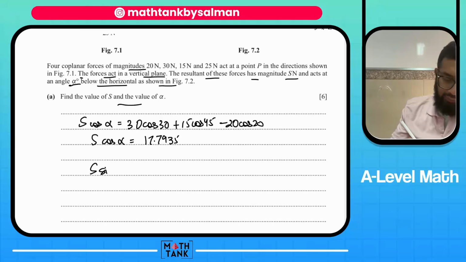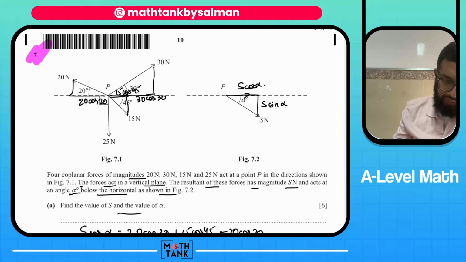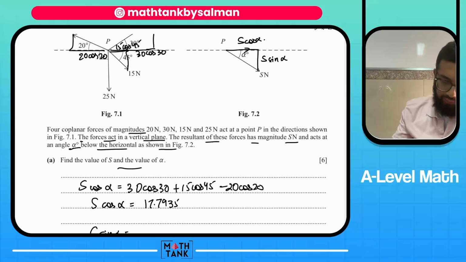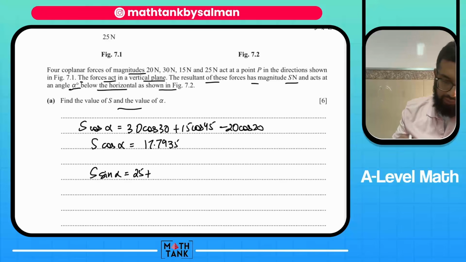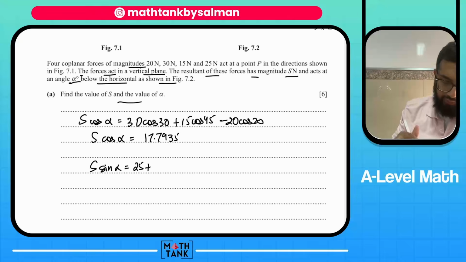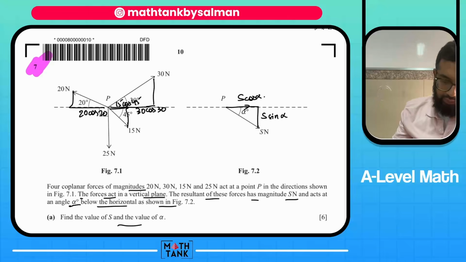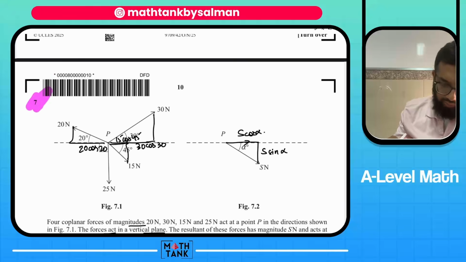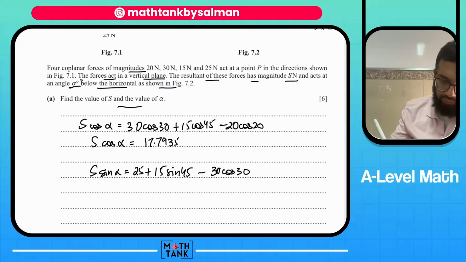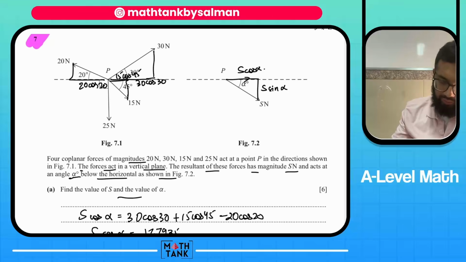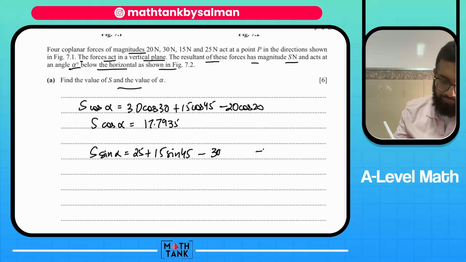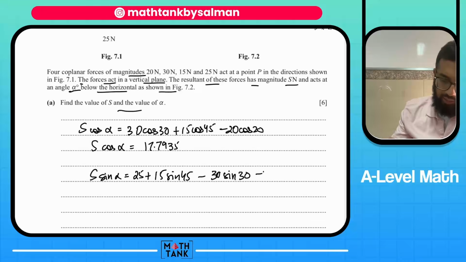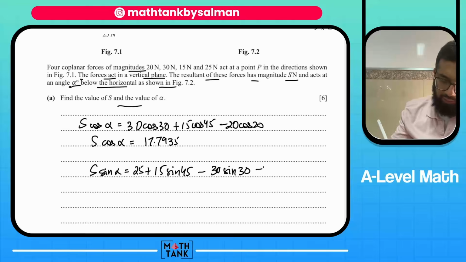S sine alpha is basically, downward forces are heavy, so 25 plus 15 sine 45 minus 30 sine 30 minus 20 sine 20.